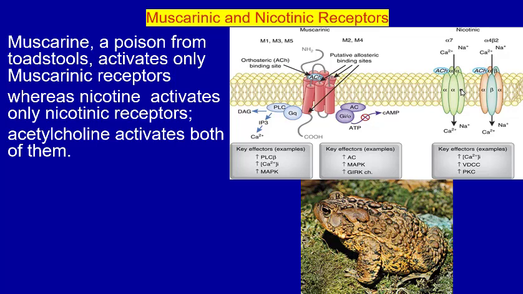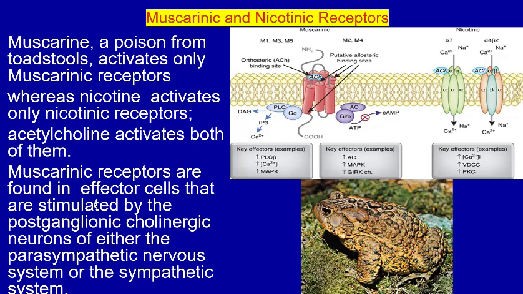And when only nicotine is available, muscarinic receptors are silent. In this way we can differentiate between the muscarinic and nicotinic receptor. But when acetylcholine is present, it activates both the muscarinic and nicotinic receptors, but the actions of these two receptors are different.